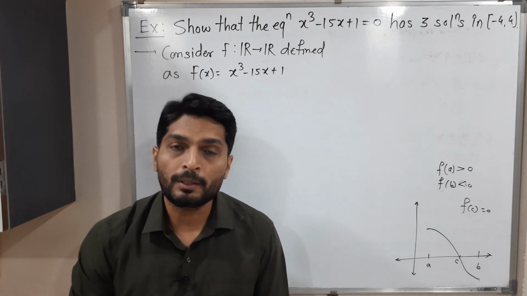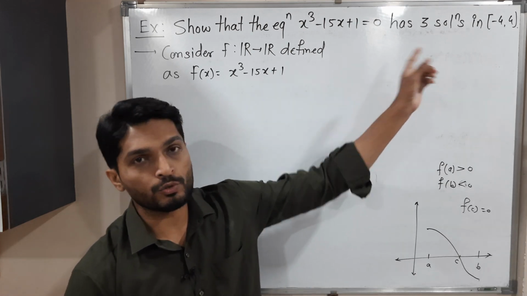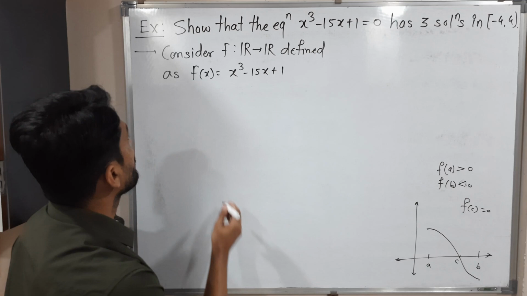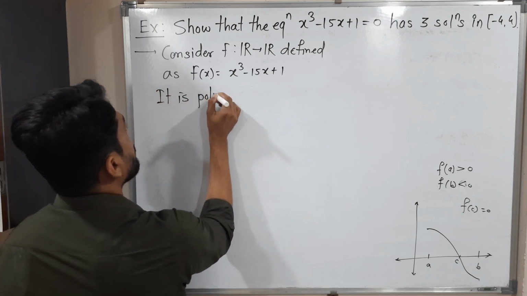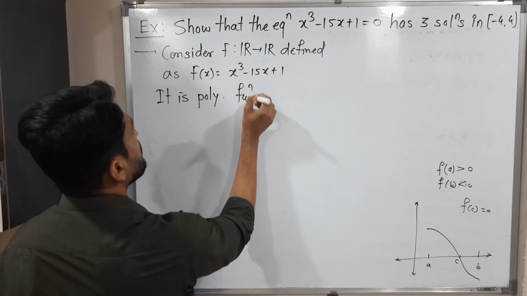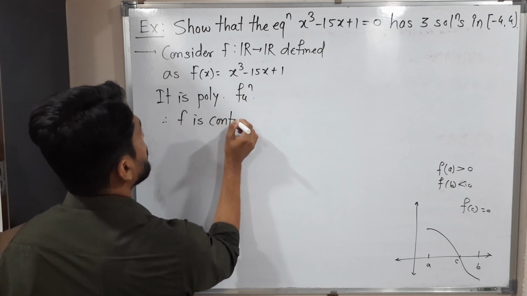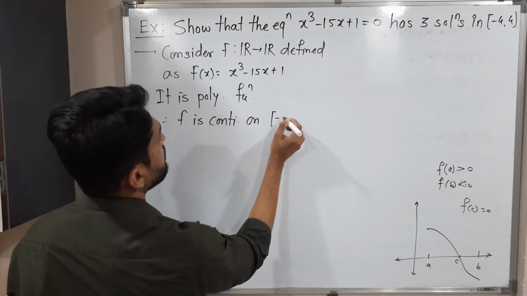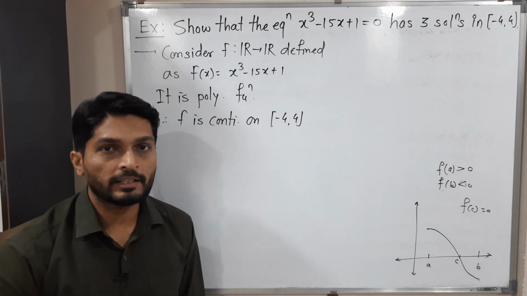Yes, it is a polynomial function, so it is continuous on R, and obviously it is continuous on that interval also. The given interval is [-4, 4], so I will mention that interval only.